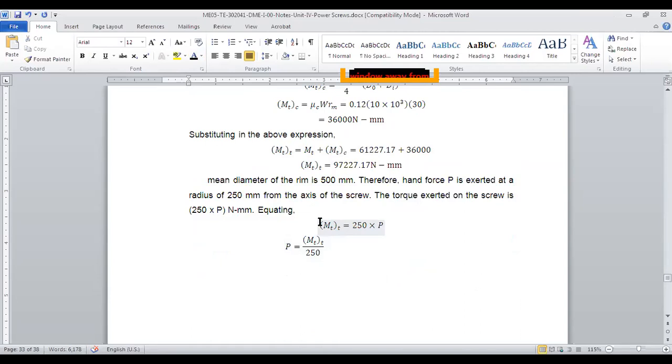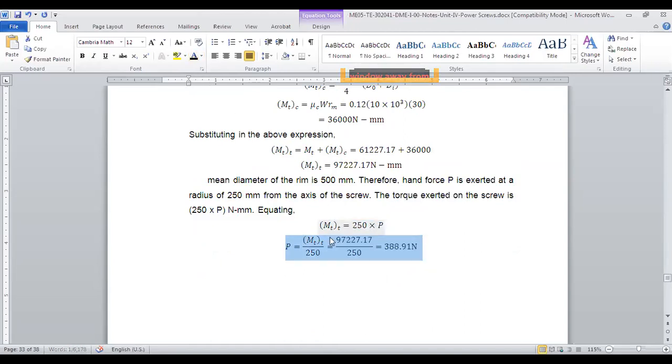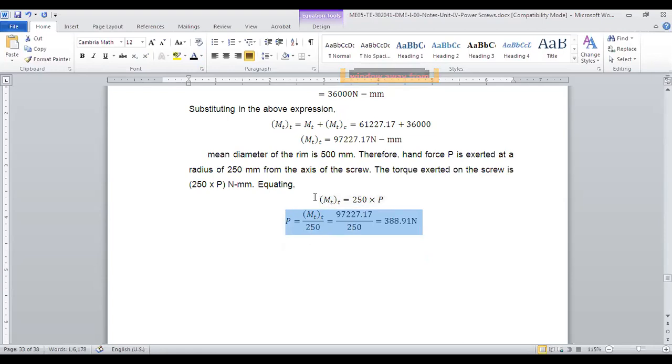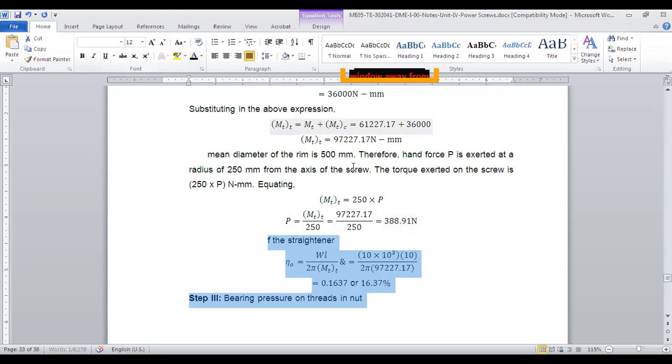So handle torque is load P, the effort we are going to put, into 250. 250 is, as I said, 500 is the diameter, so 250 will be R. So this will be equal to the total torque required to resist all the friction. So P, the effort required, is 388 Newton. We need an effort of 388.91 Newton at the handle to overcome both this friction of threads and collar, right? So this is the effort we require at the handle.